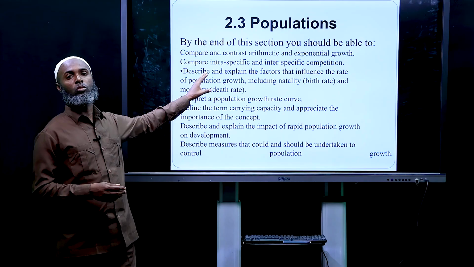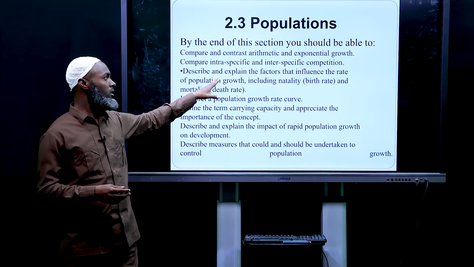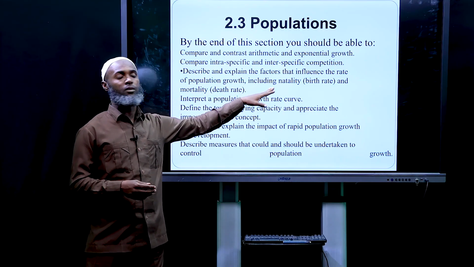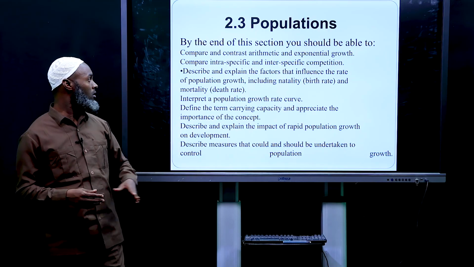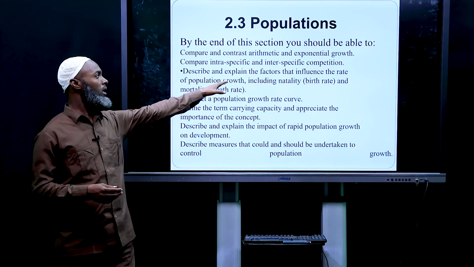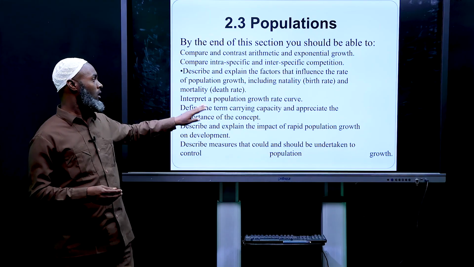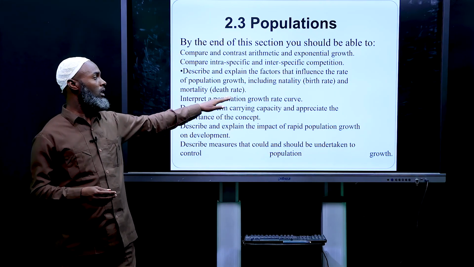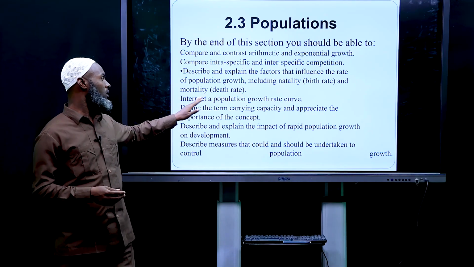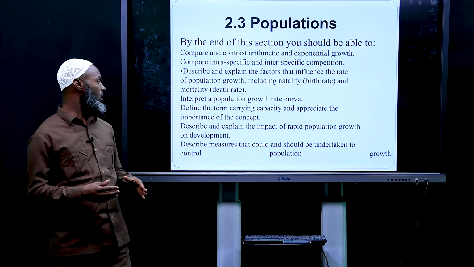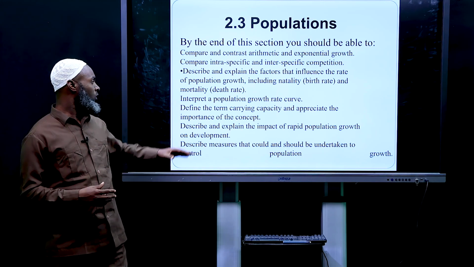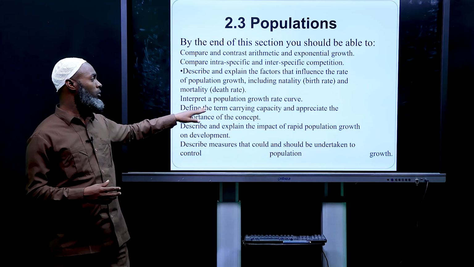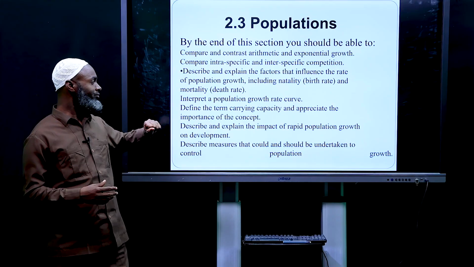You will be able to compare intraspecific and interspecific competition. You will be able to describe and explain factors that influence the rate of population growth, that includes natality, birth rate, mortality, death rate, and other factors. You will be able to interpret population growth rate curves.